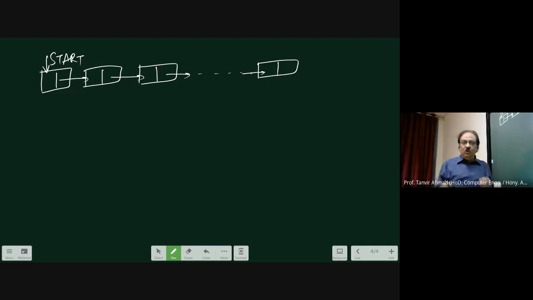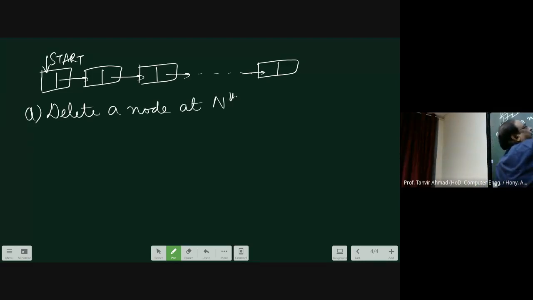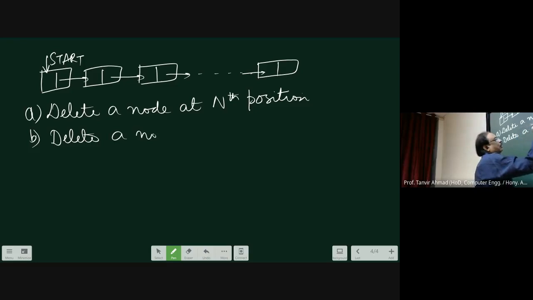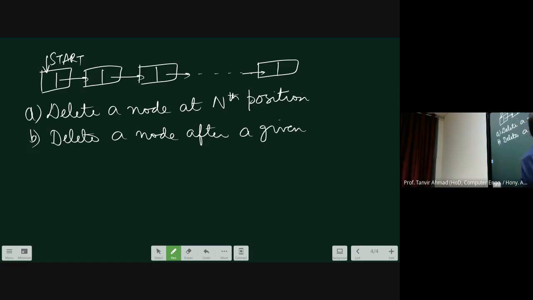I want to delete a node after a given node. All these are the same. It could be delete a node at, say, init position, or it could be delete a node after a given value.